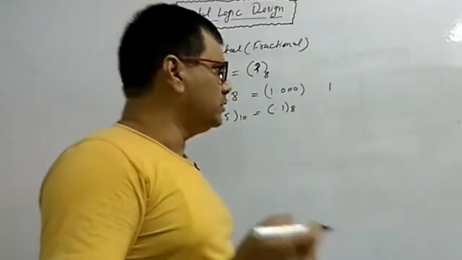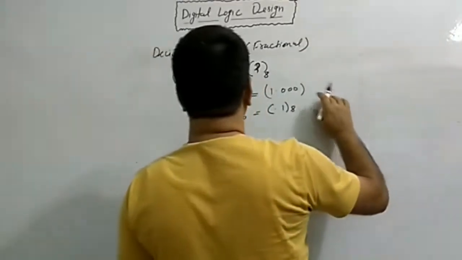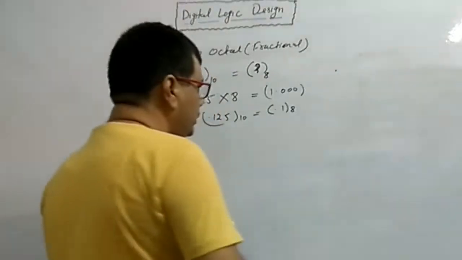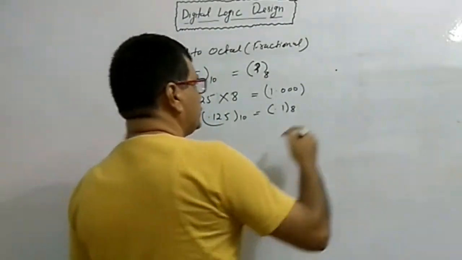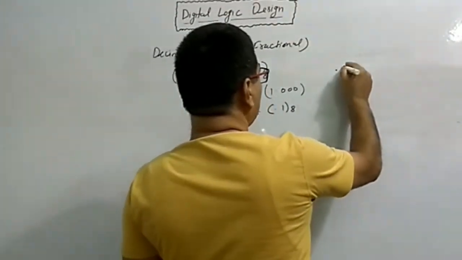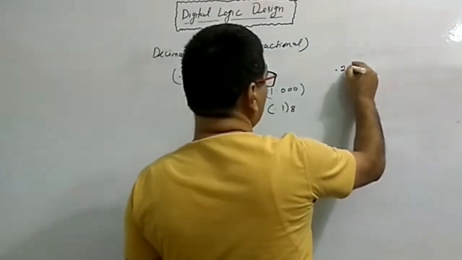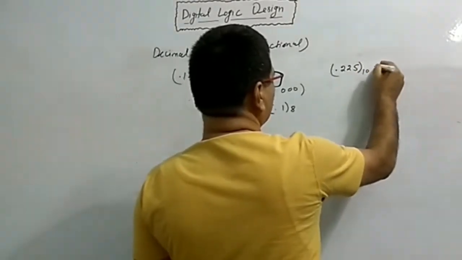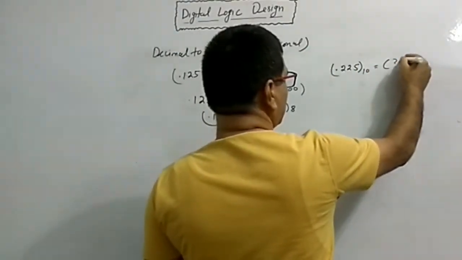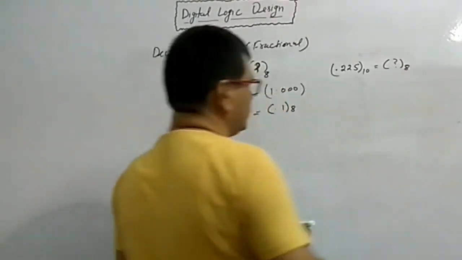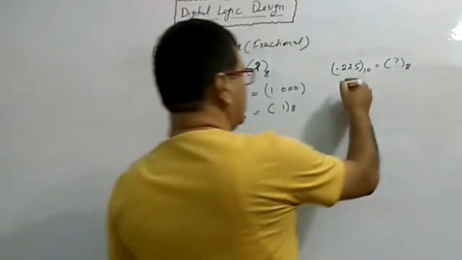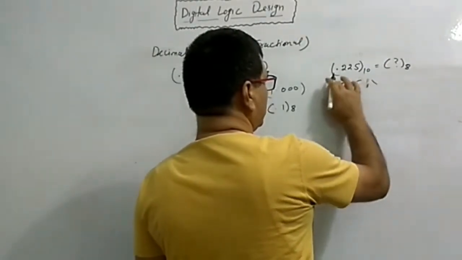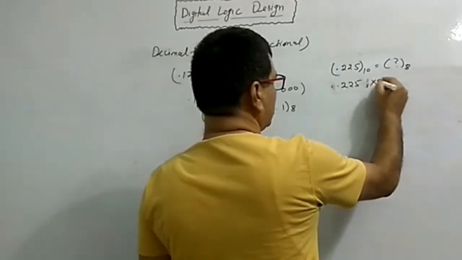Now we can take another example. Assume 0.225 in the decimal number system. What will be the octal equivalent? Here again we will multiply 0.225 by 8. 8 times 5 is 40, 0 carry 4; 8 times 2 is 16 and 4 is 20, 0 carry 2; 8 times 2 is 16 and 2 is 18.